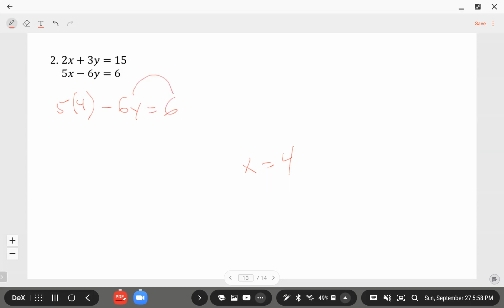Then we just switch negative 6y and 6. So 20 minus 6 equals 6y, and then 14 equals 6y. So y equals 14 over 6, which is also 7 over 3.